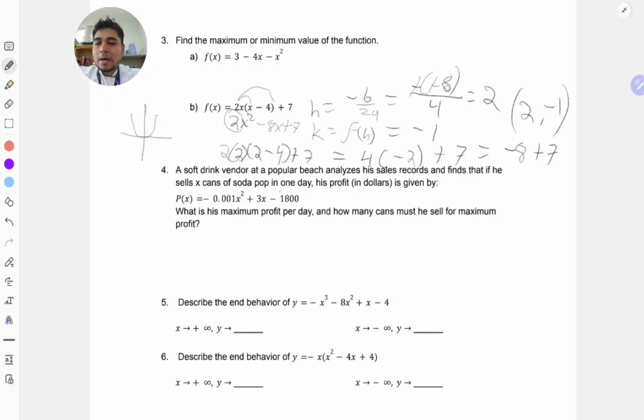Doing y equals 2x times x minus 4 plus 7 gives us something that looks like this, okay? And we can see that that is what our graph was expecting to look like, right? Where the end values point up on both sides. So that is a minimum value.